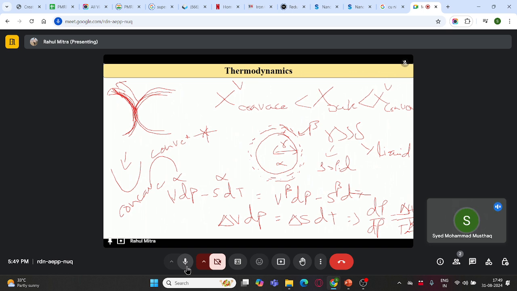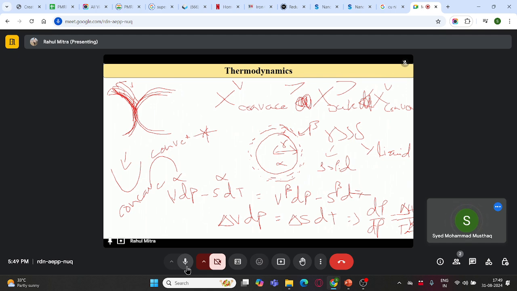Yeah, it should be, because the powder particles come here, then the vacancies should move, so this relationship should be changed to this one. Let's remove this. So concave should have more number of vacancies compared to convex.